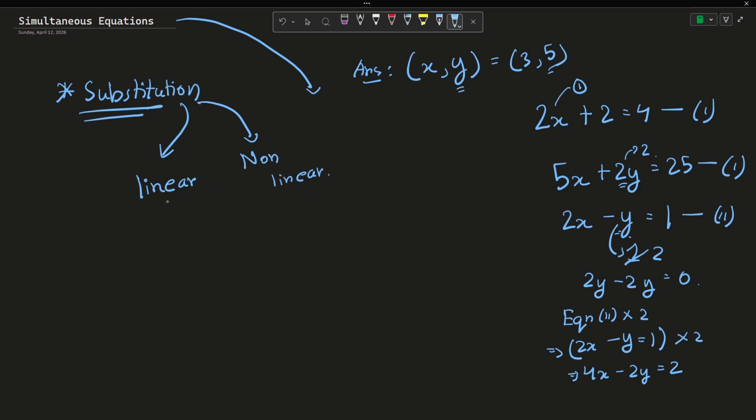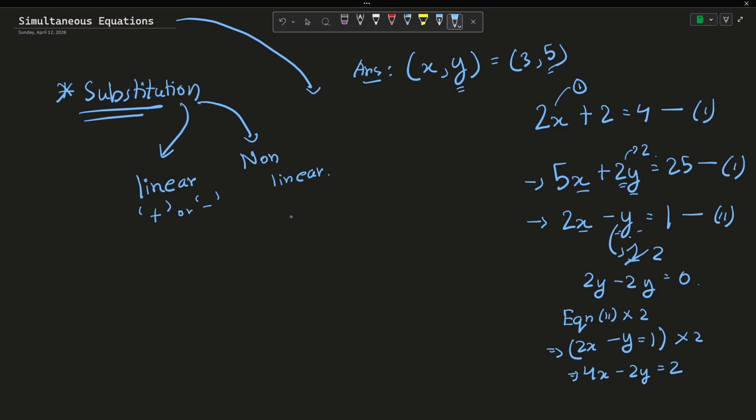The key difference between linear and nonlinear equations is that in linear, you have the variables either added or subtracted. Wait, let me write it. Either added or subtracted. Now, as you can see, this is a set of linear equations. You can see that the variables are either added to each other or subtracted from each other.